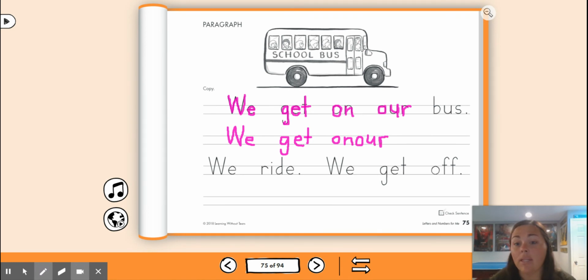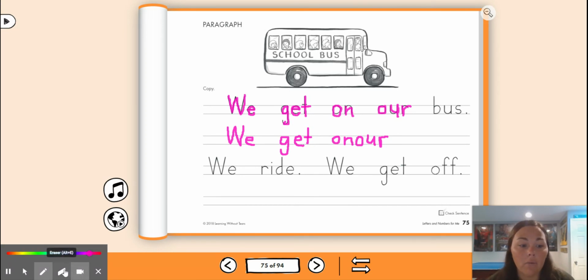So it's very important that when you're writing your words, you keep that space between your words, or if you smush them together, people won't be able to read, or you might not even be able to read what that word is, because you might be thinking that you're making a new word or a bigger word when really it should be two separate words.